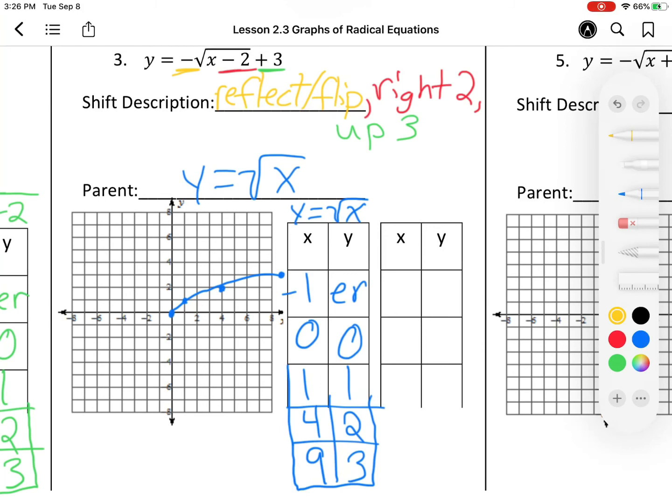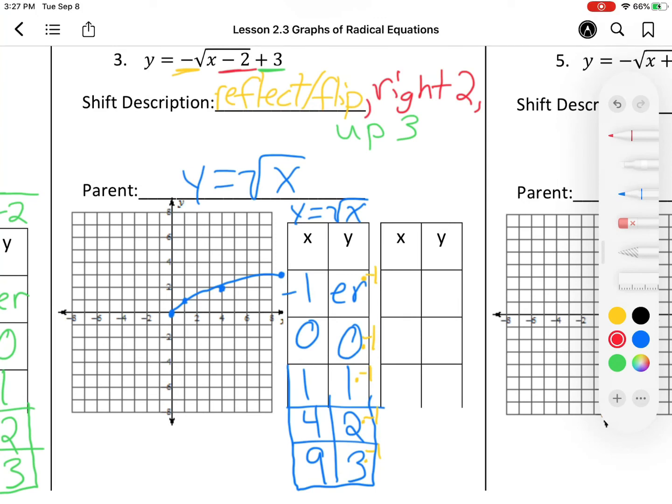So our reflect, our negative outside, out front, affects the y's. So I gotta come in here and multiply by -1. Then I've got my right 2. If I want to move left or right, it's on the inside affecting my x's.